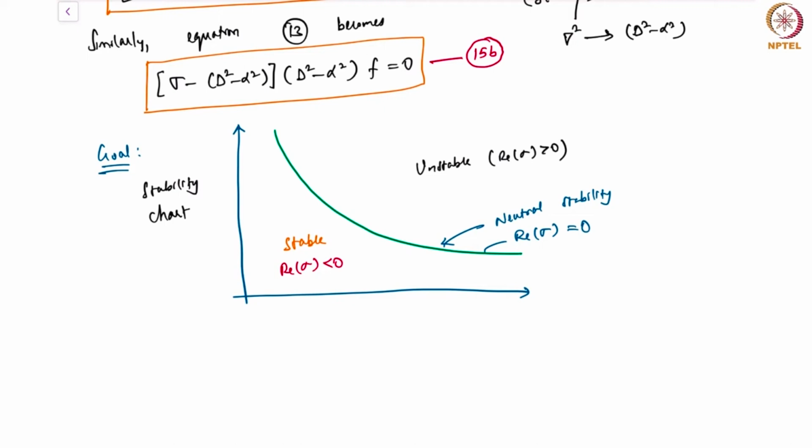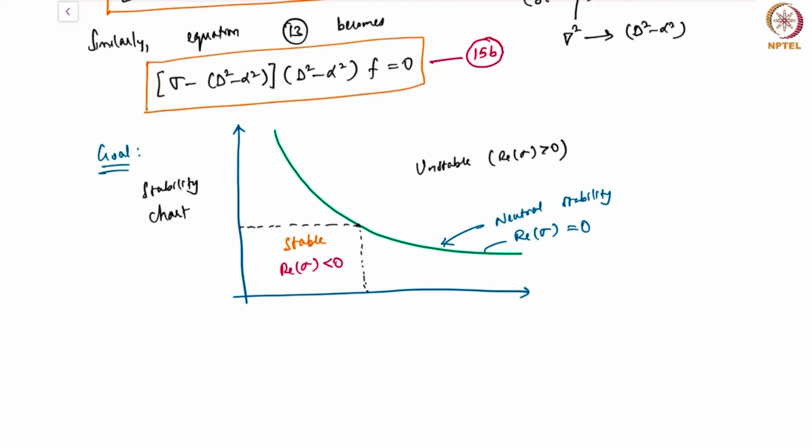If I know the value of x, and the value of x could be something like the wave number, so if I know a wave of a certain wavelength or wave number, then the question is, what is the critical value of the control parameter shown on the y-axis, beyond which we will get an unstable solution. That's the kind of question that we'll be able to answer if we know a stability chart like this.